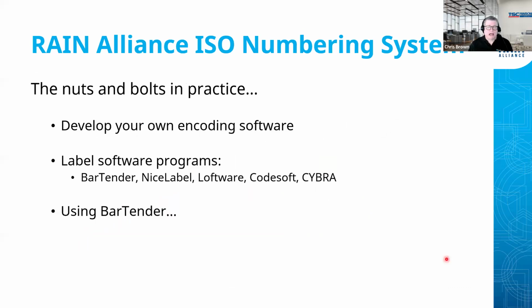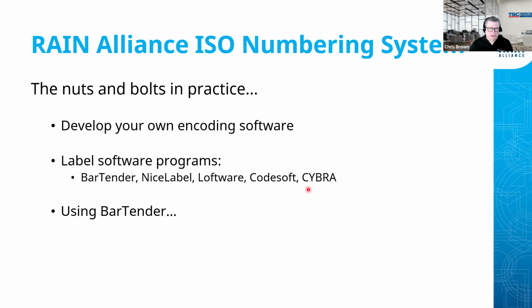Now we're going to do this actually in practice. You could, and people do, make their own software to generate these encodings. Sounds like a lot of work to me. Alternatively, you could use some commercial label software: Bartender, Nice Label, Loftware has another product. Nice Label is now owned by Loftware. CodeSoft, Cybra, I think theirs is called Mark Magic, I don't know.